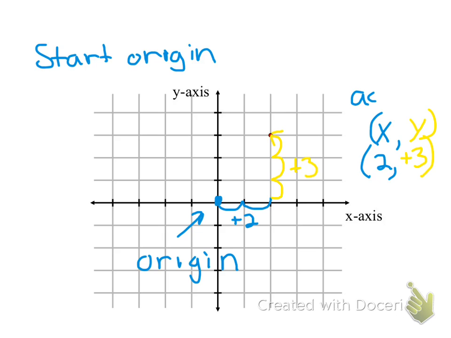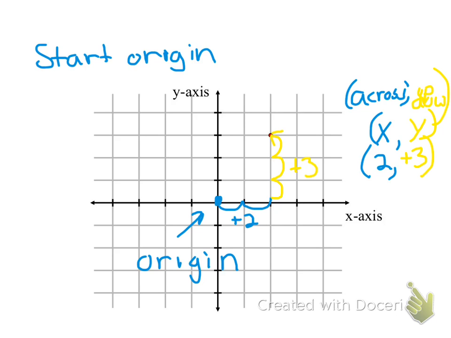We go across. And then the next movement we do is the up and down movement. Either up or down. Does that make sense? We always start at the origin and we either go to the right or to the left. The across movement first and the up and down second.